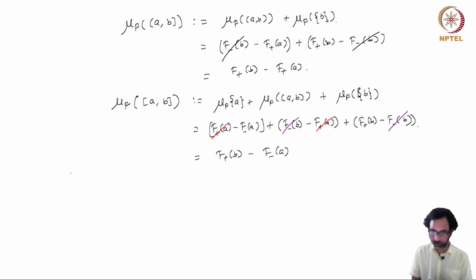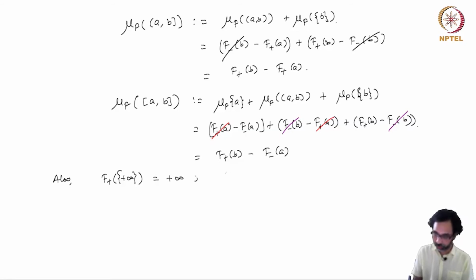Now we can extend the formula for the Lebesgue-Stieltjes elementary measure to half infinite and even infinite intervals of the form. So first, we have f plus of plus infinity is equal to plus infinity, f minus of minus infinity equals minus infinity, and f minus of plus infinity, so there is no set here, it's just plus infinity and minus infinity.